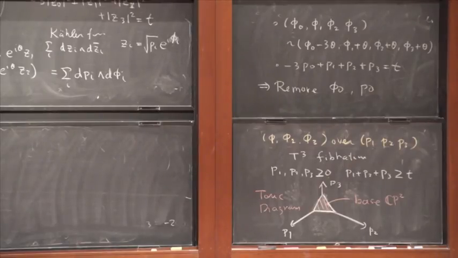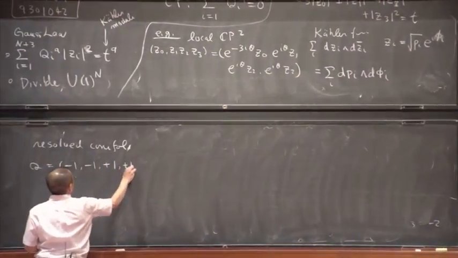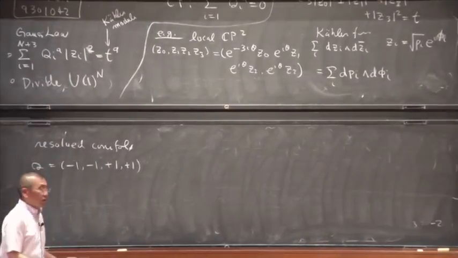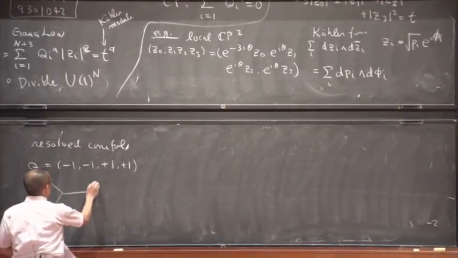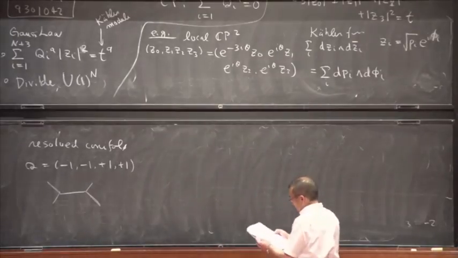So for example, in the case of the resolved conifold, we have a Q, which is given by -1, -1, +1, +1. So I leave it as an exercise for you to show that the resulting conifold toric diagram would be like this.